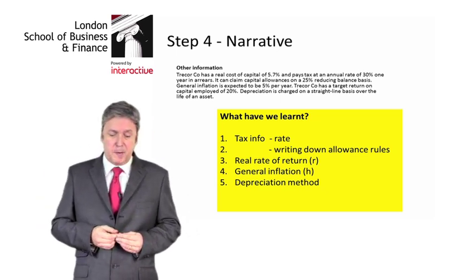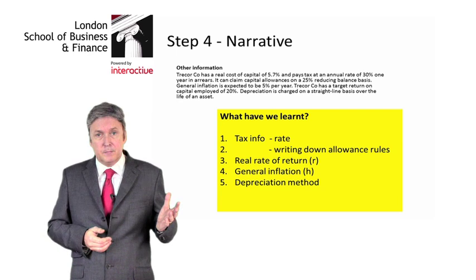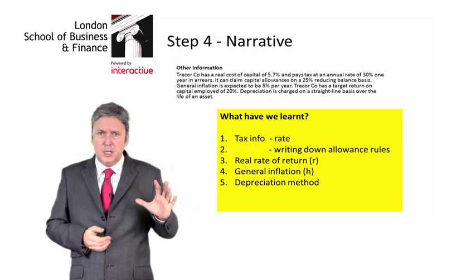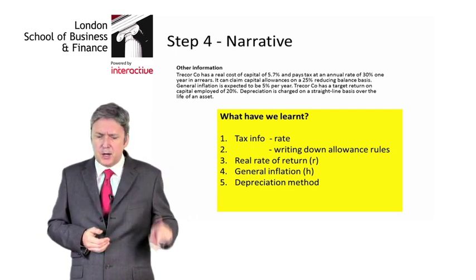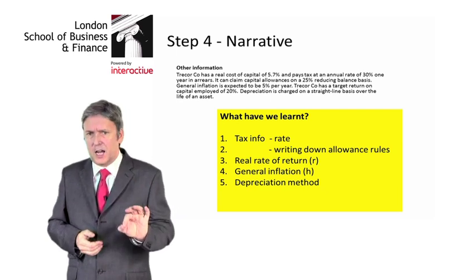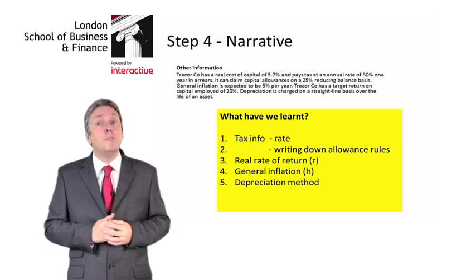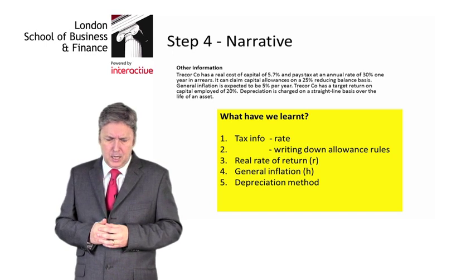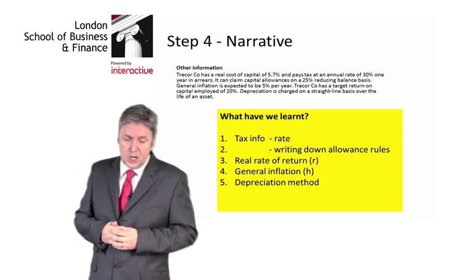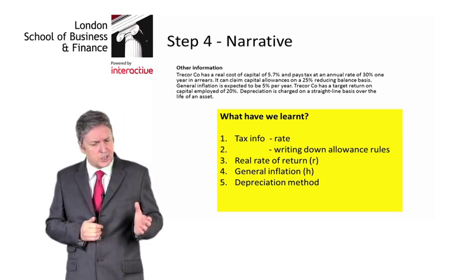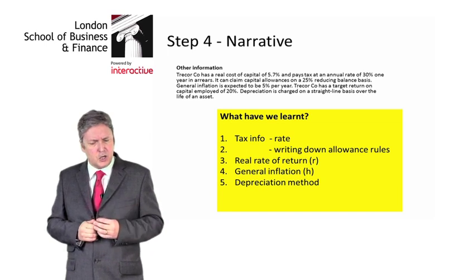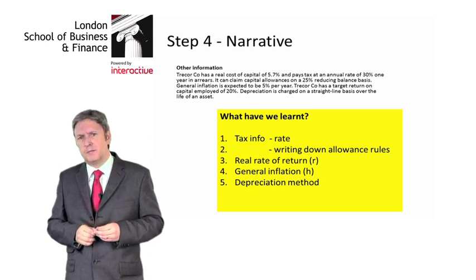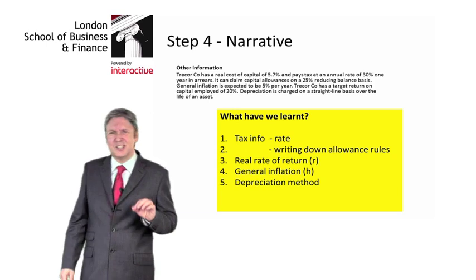General inflation is expected to be 5% per year. That's an overall measure, and presumably we could use that with the real cost of capital to calculate the nominal or money rate of return. Tricor has a target return on capital employed of 20%, and depreciation is charged on a straight line basis over the life of the asset. That last sentence is a bit odd.